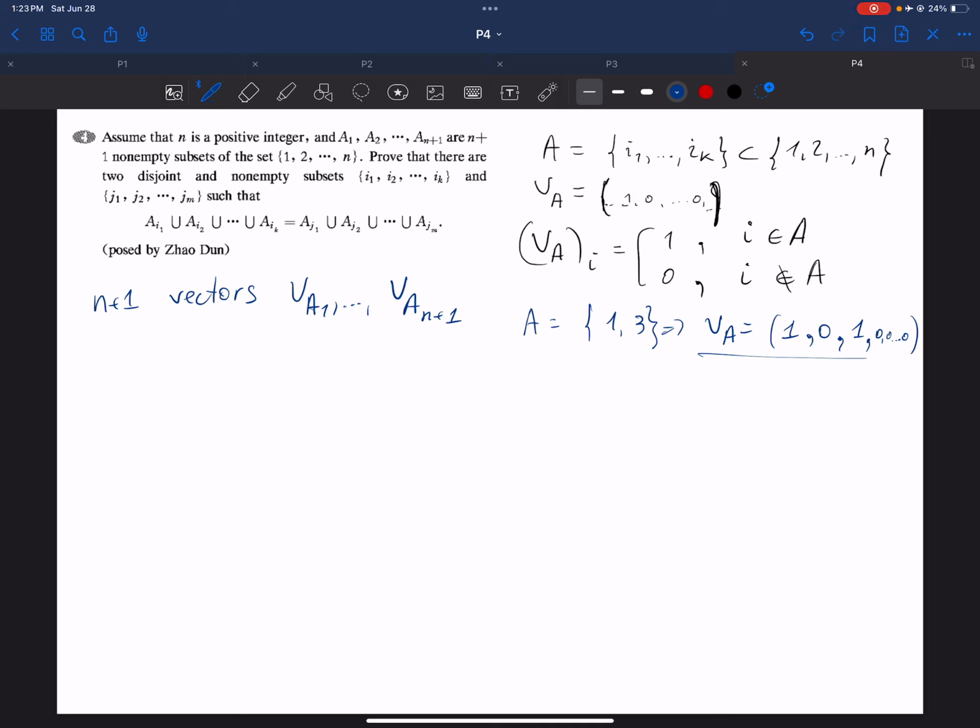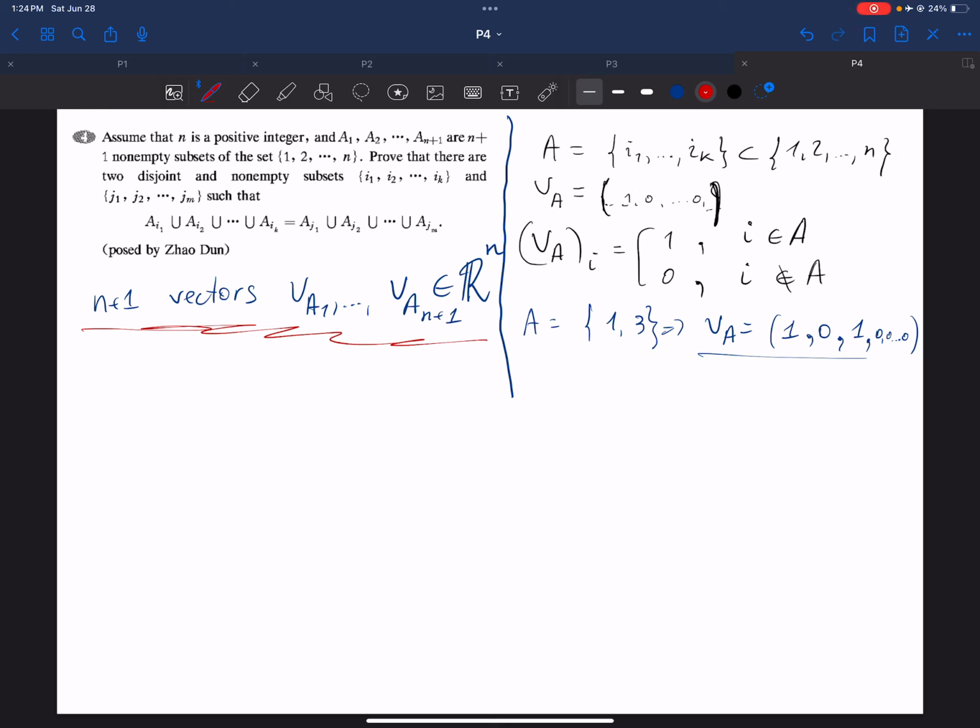Because VA is a collection of n numbers, I think of it as a vector, in what space? Well, there are n numbers, so it's actually in Rn. All right, but now it's clear what to do. We have n plus 1 vectors in Rn, so they are necessarily linearly dependent.